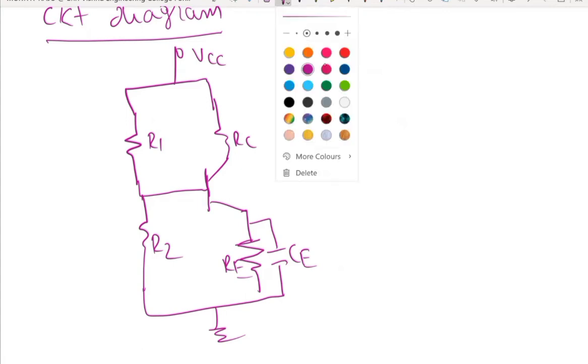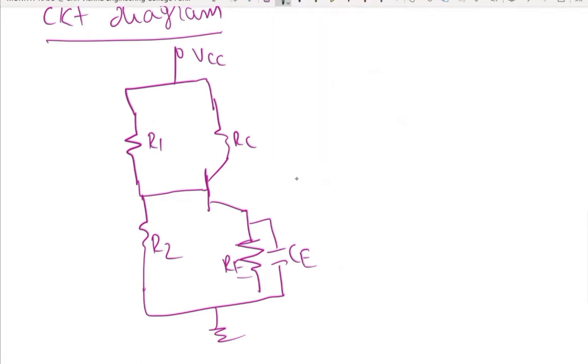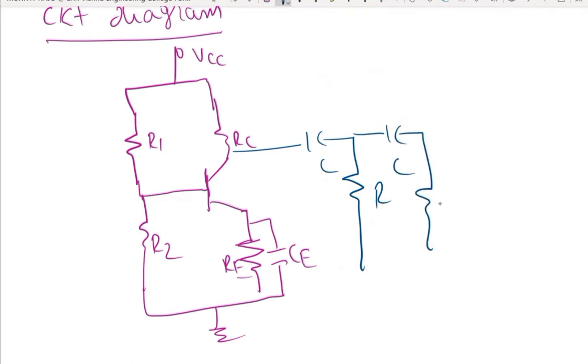Next, the feedback network. This one is C, R, C, R, C. Last one is R3.